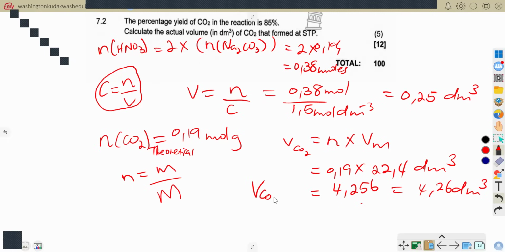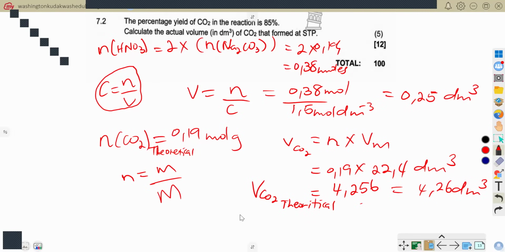So this one is what we refer to as a theoretical value. Why? Because this is coming from our reaction equation. But in actual essence, they told us that the percentage yield of carbon dioxide, when that reaction actually occurs, is 85%. So the actual volume is 85% of this.